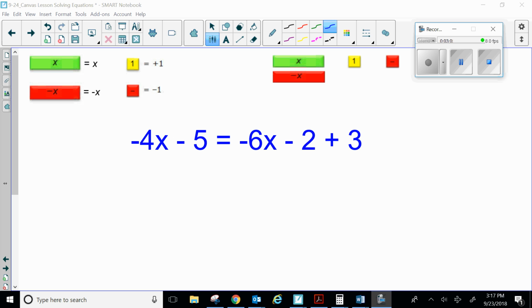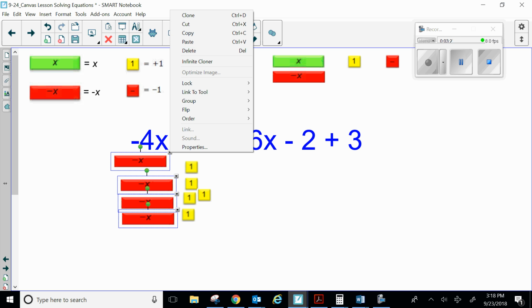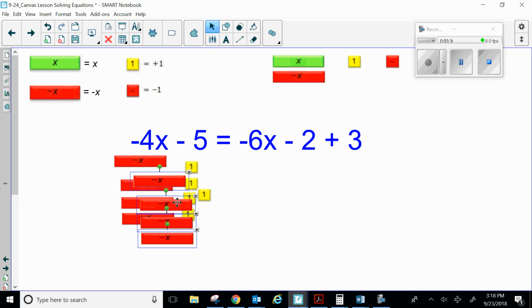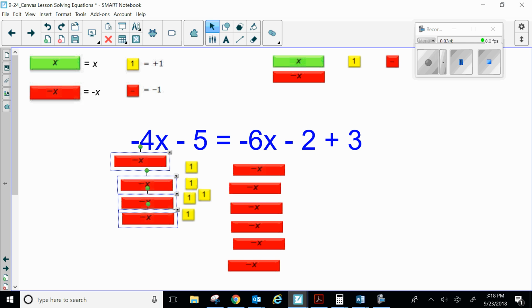Okay, let's try negative 4x minus 5 minus 6x, oops, hold on there, sorry, minus 6x minus 2 plus 3.